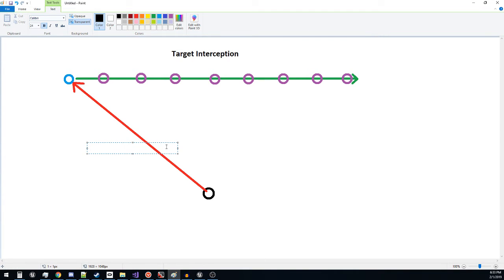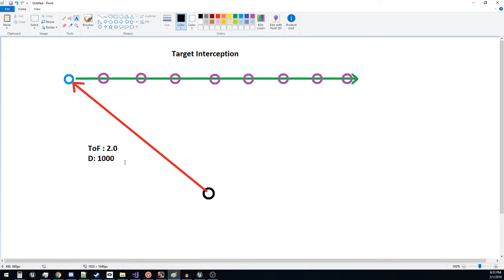The time of flight, TOF, is 2, and the distance, let's call it D, is 1000. So the fuse would be something like 1000, or no, not 1000, but 2 seconds. However, by the time the projectile arrives at this location, the airplane will be here at this location.